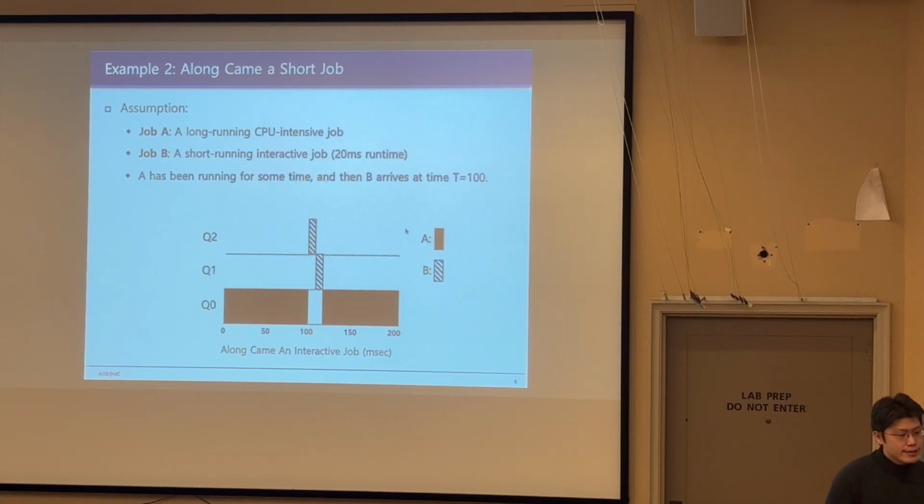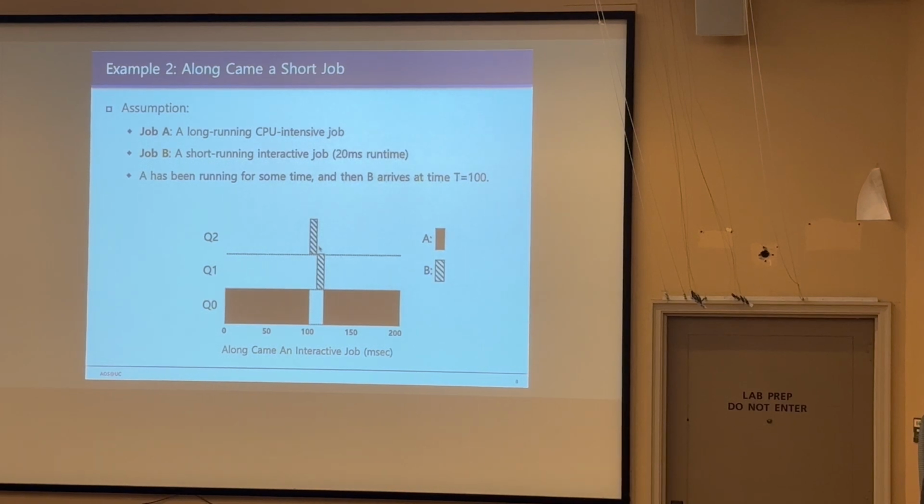Okay, so this is another example. It's also very simple. You have two jobs. Job A is a very long-running job. Suppose it came into the system a long time ago, so its priority was already dropped to the lowest. And job B is a short-running interactive job. It's very short, just 20 milliseconds.